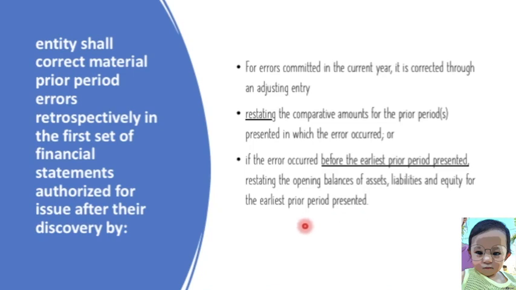So all changes or corrections or restatements, the net effect will be reflected in the beginning balance of retained earnings. So the balance of retained earnings in January 1, 2019. So if the error occurred before the earliest prior period presented, restating the opening balance of assets, liabilities, and equity for the earliest prior period presented.